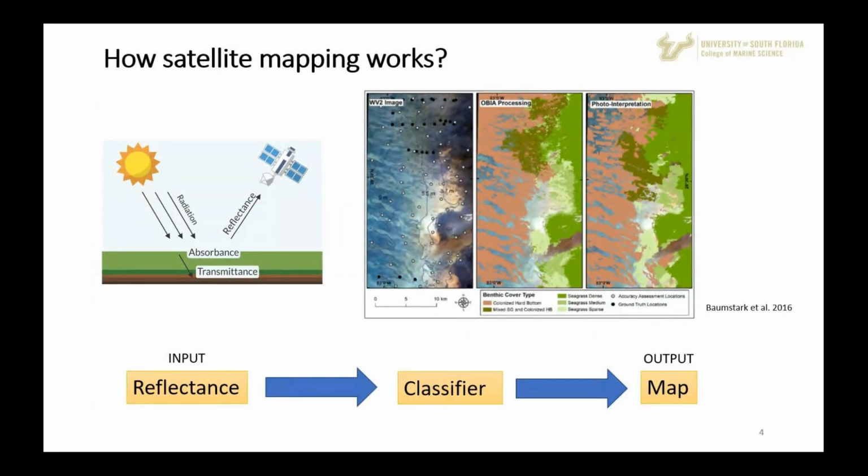Basically, the satellite sensor captures the reflectance of the objects on the Earth surface. So we can use that reflectance values or signatures from different objects that we can see in a satellite image. Then we can just train a classifier, and then we can just produce a map according to that.